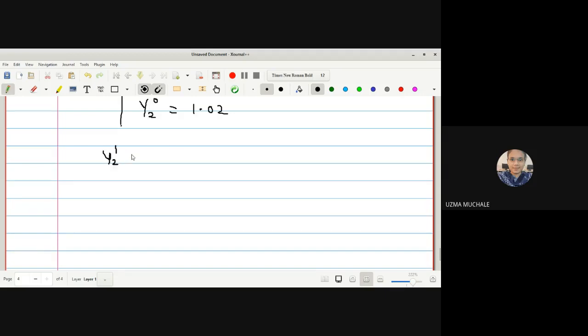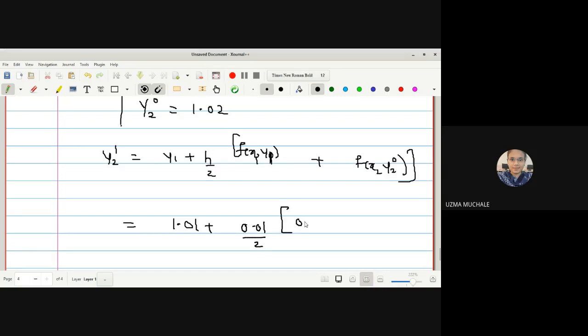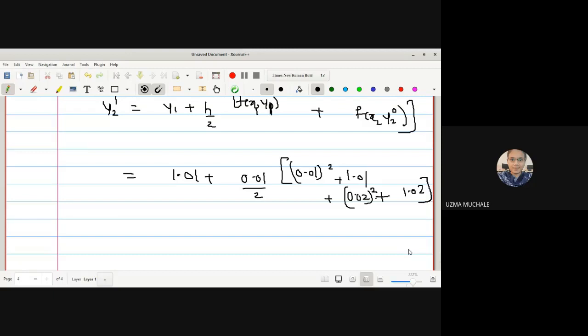So for that we have to use y2' is equal to y1 plus h by 2 into f of x1 y1 plus f of x2 y2 naught. y1 is 1.01 plus 0.01 divided by 2, f of x1 y1, it is 0.01 whole square plus the value of y1, 1.01, plus x2 we have found is 0.02 square plus y2 naught, we are finding it is 1.02. Add them and divide by 2 and tell me the answer.